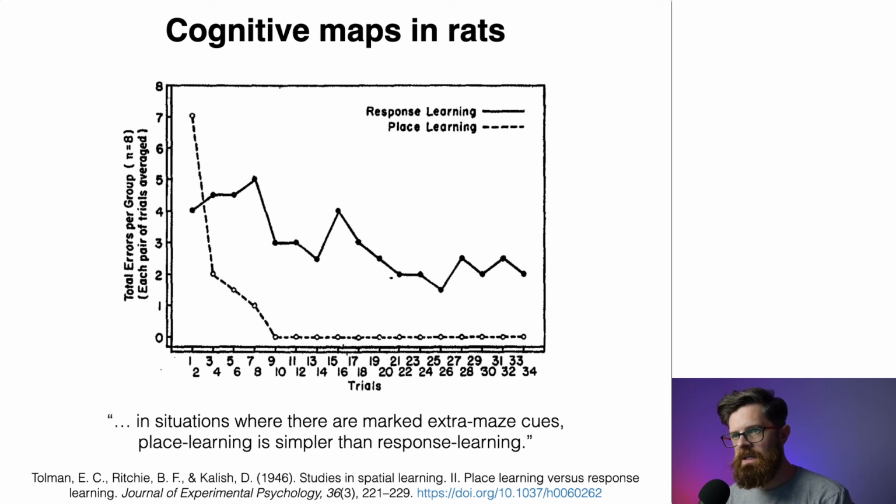But what we actually see is, if you look at the place learning curve with the dashed line, is that the number of errors made here drops really significantly, really quickly. And so after 9 trials, the rats in the place learning group have basically learned exactly what to do. So this is kind of interesting.